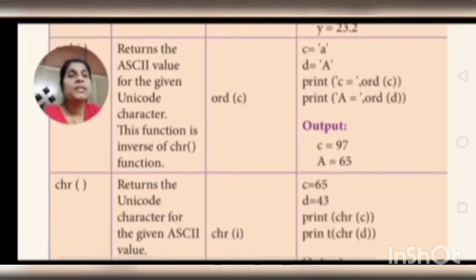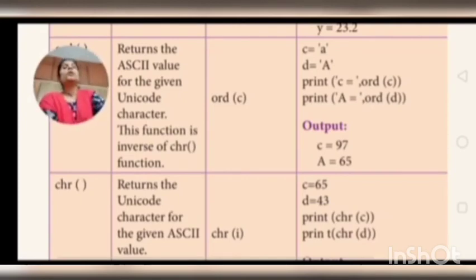So next function is the chr function. This is just the opposite of the previous function, that is the ord function. This returns us the Unicode character for the given ASCII value. We must pass it ASCII values as the arguments so that it will return us the Unicode characters.